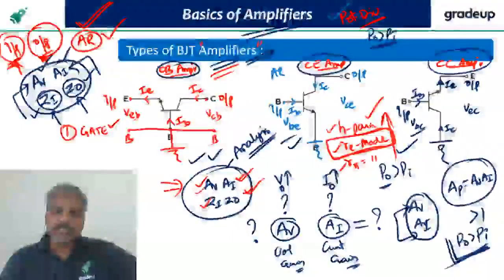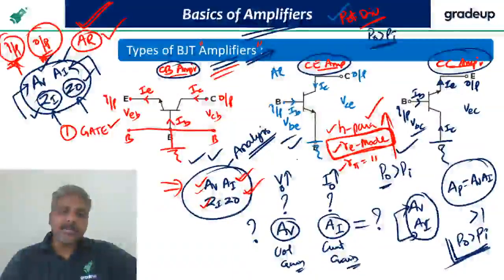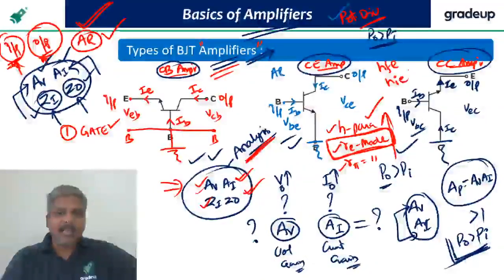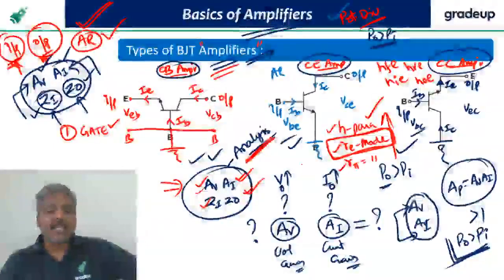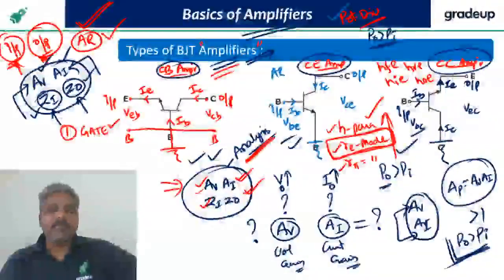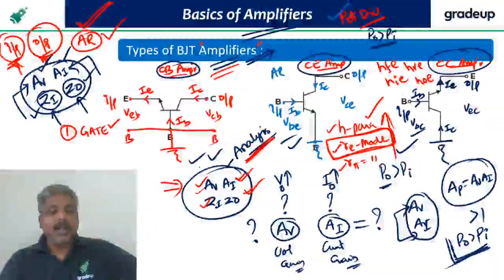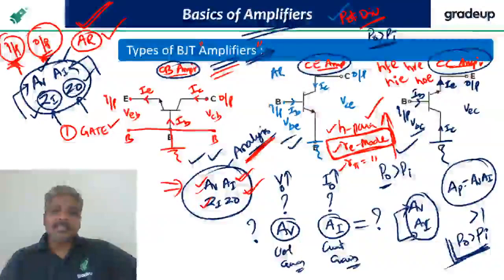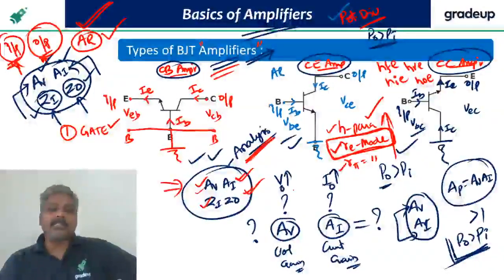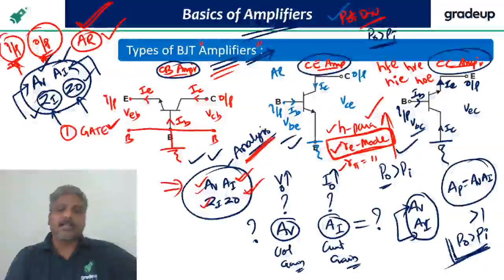But in GATE, if you want to use H parameters to analyze amplifiers, you need the HFE, HIE, HRE and HOE values, which are called H parameters. Generally they will not be given. If they are not given, you still need to find the answer. That is not possible with H parameter analysis, but possible with RE model analysis. That is the reason I am going for the RE model.